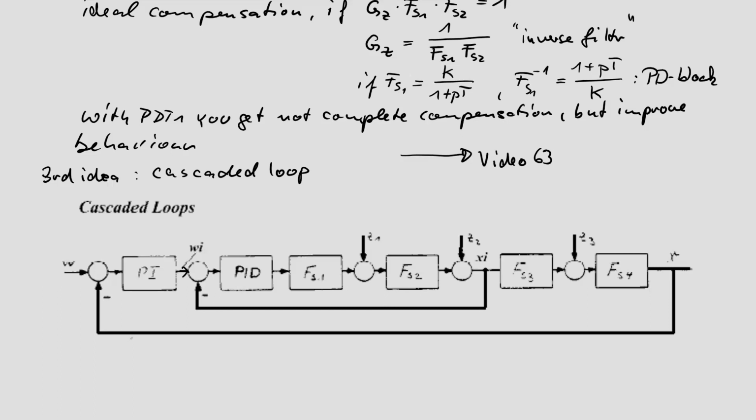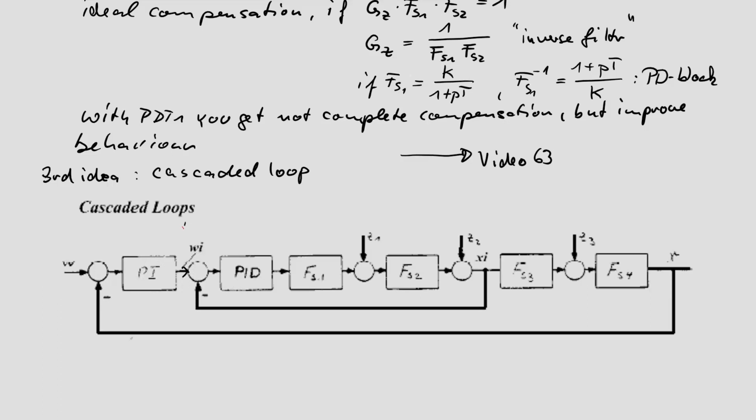So the design now goes in 3 steps. I will note these 3 steps in more detail. The first step is you have to design the internal PID, where the FS1 and FS2 blocks are the process. This internal closed loop system is not influenced by FS3, FS4 and this PI controller, so you just look at this internal system.